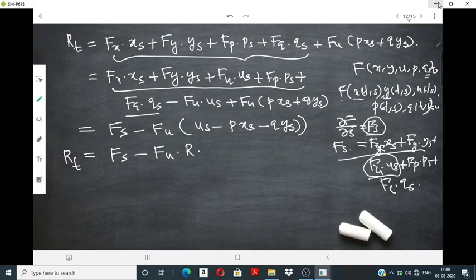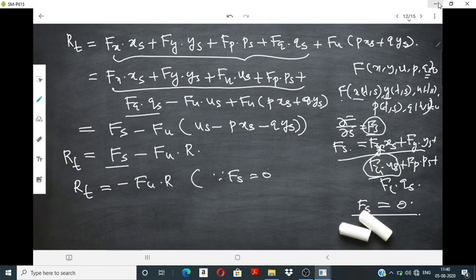Okay, now we use the fact that f equal to 0 from the solution itself, so fs equal to 0. Therefore we can write this as minus fu into r, since fs equal to 0 from the equation itself.